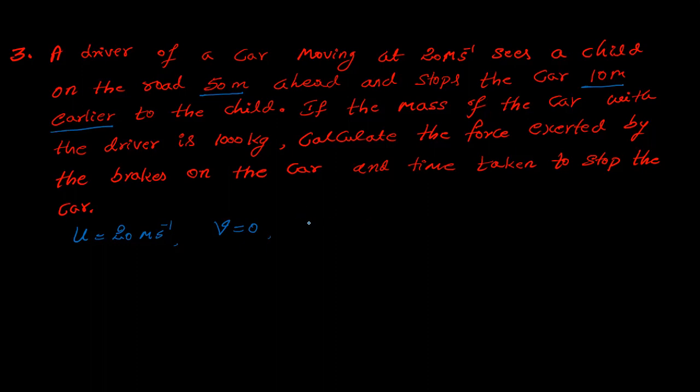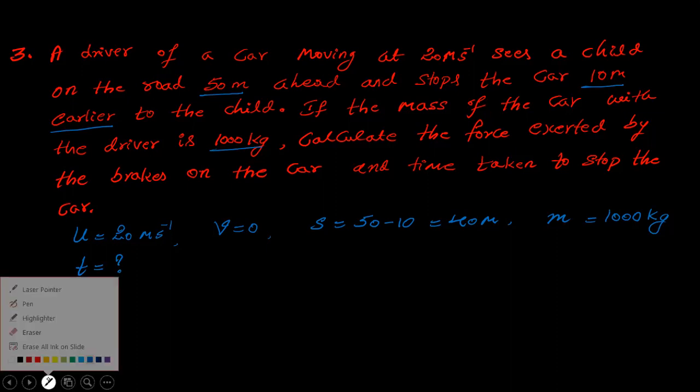So that means the net displacement is 50 minus 10. It becomes 40 meter. So it traveled 40 meter distance and mass of the car is 1000 kg. We have to find the time, how much time it takes to stop.